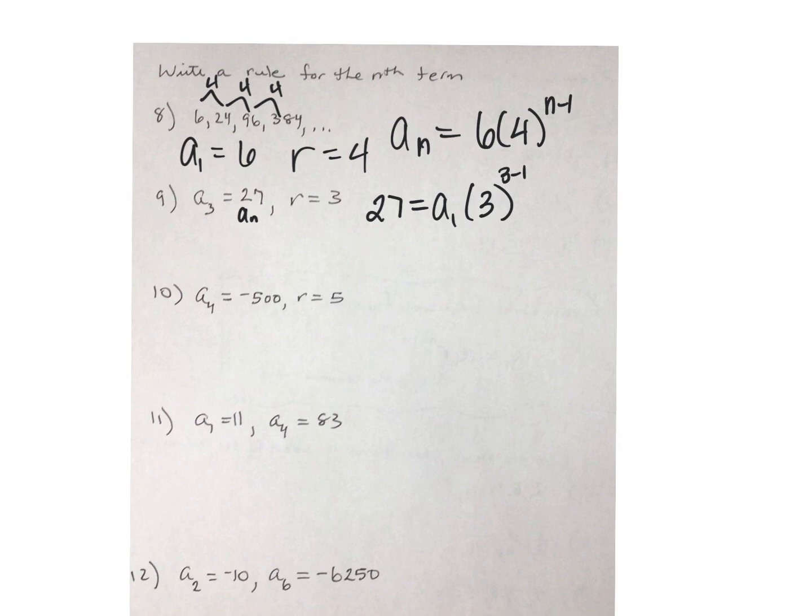So 27 equals a1 times 3 squared, which is 9. The opposite of multiply is divide, so a1 equals 3. Am I done? Did it just say to find a1? No. Find the nth term, so an equals what? What's my equation?